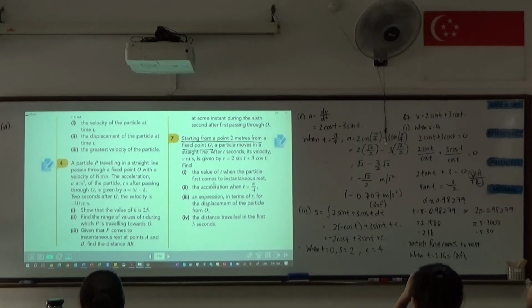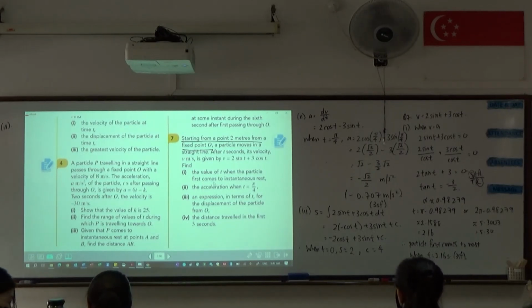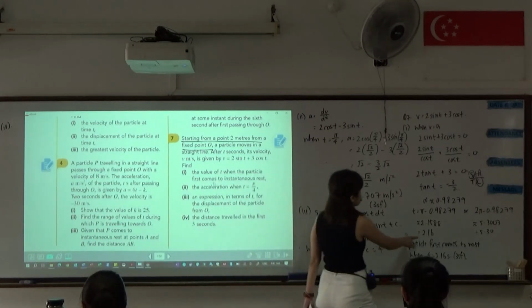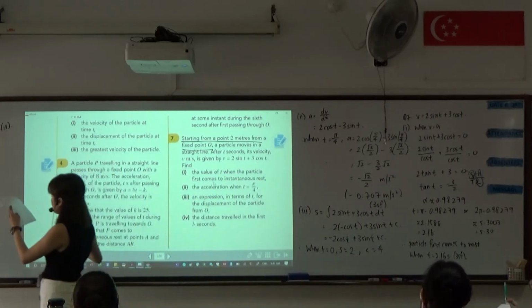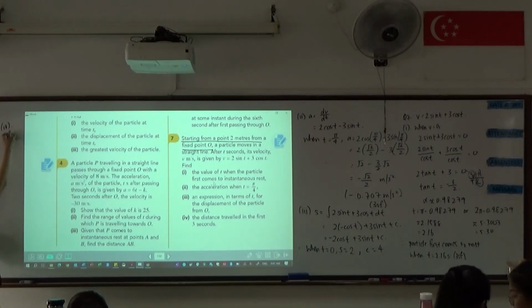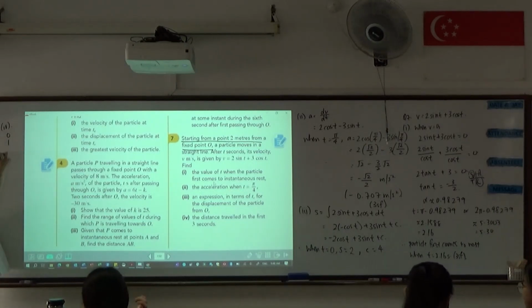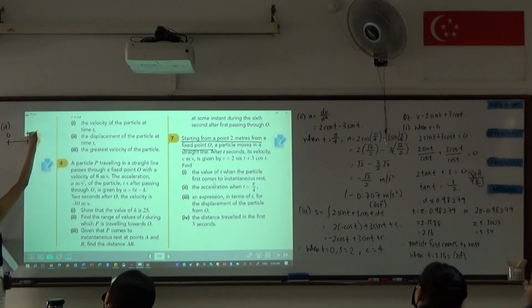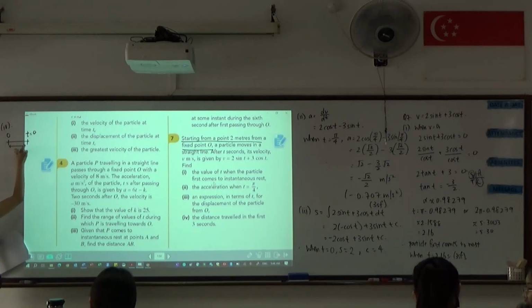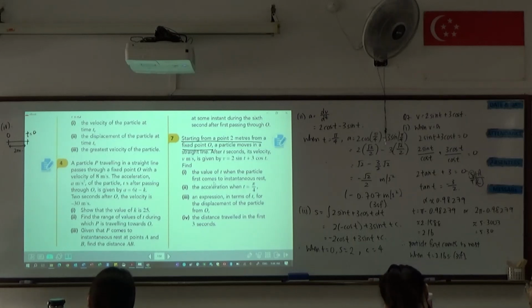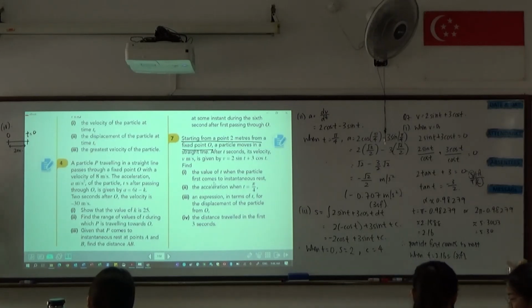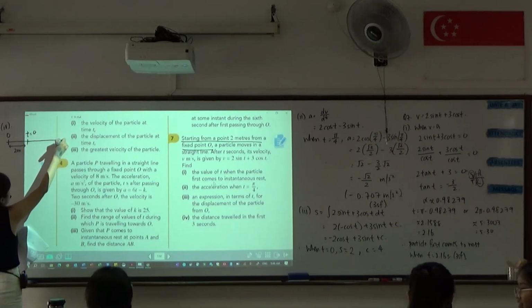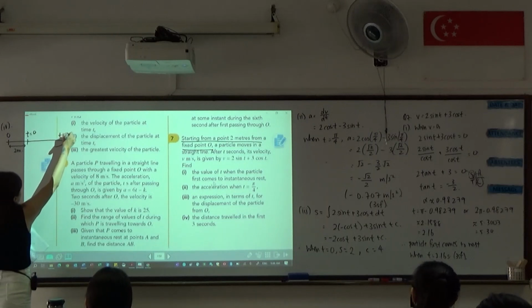Then part 4. To find the distance traveled in the first 3 seconds, we know that at 2.16 there is a turn. So to draw out the diagram, our reference point O and our t equals to 0 is actually 2 meters apart, 2 meters to the right, because it starts from a point 2 meters from the fixed point O. Then it will continue to travel from t equals to 0 all the way to t equals to 2.16.